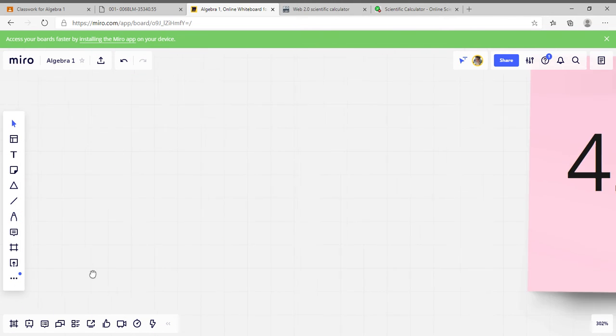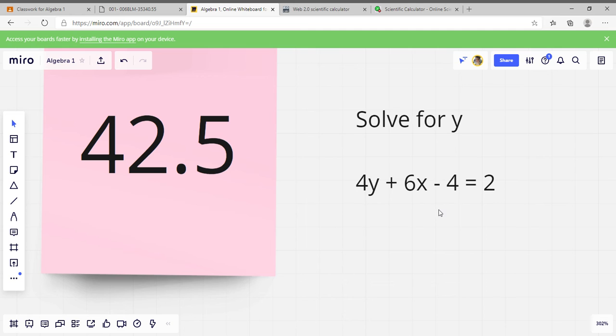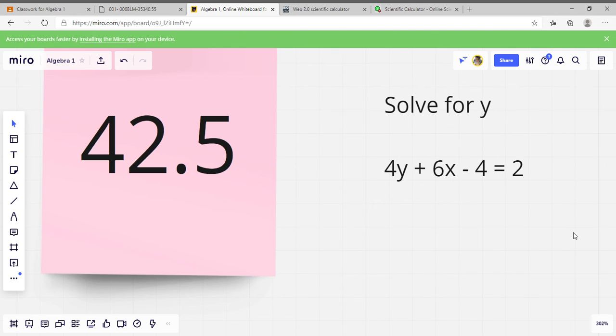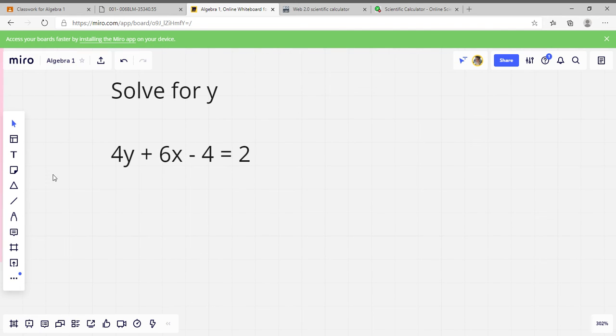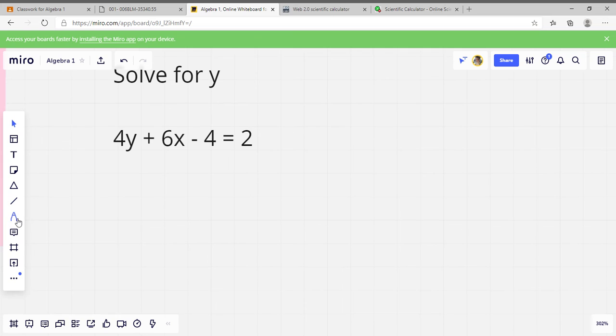All right, next example, 42.5. In this one, we're solving for y. All right, so we're going to move this. Let's see, we got y. We don't have any like terms to put together, so we're just going to move this 4.